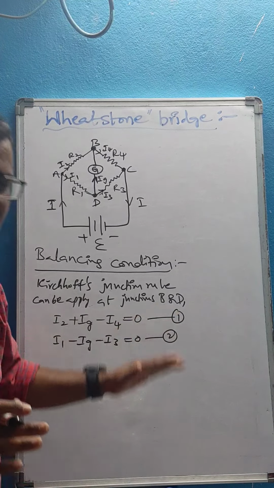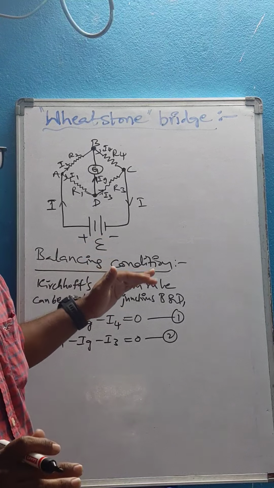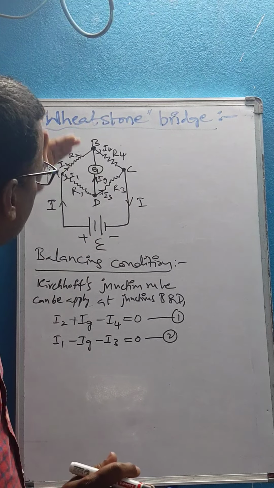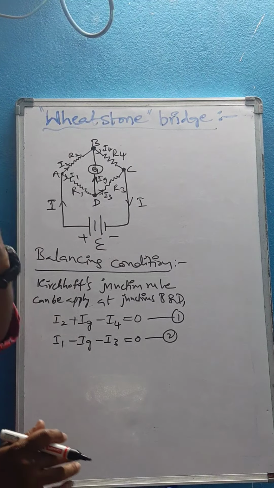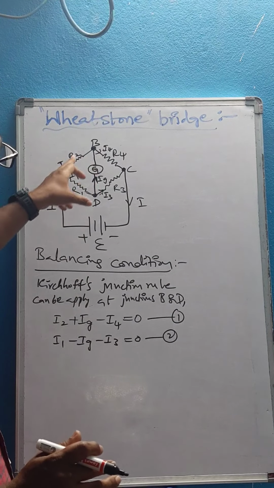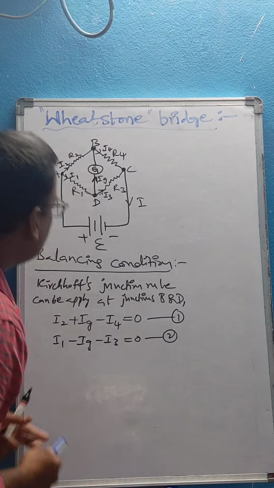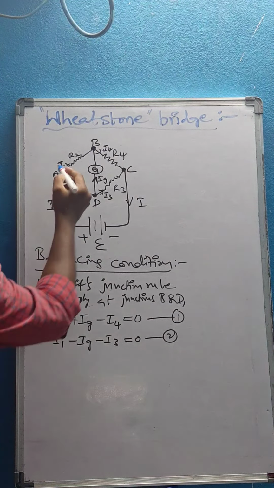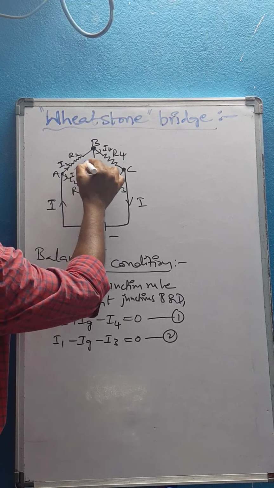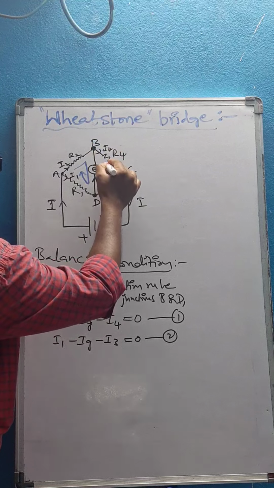So here we got two equations from the application of the junction rule at the two junction points B and D. And in this Wheatstone bridge circuit, we have two loops also. So what are the loops? ABDA and BCDB.